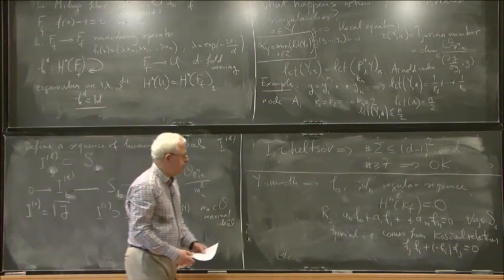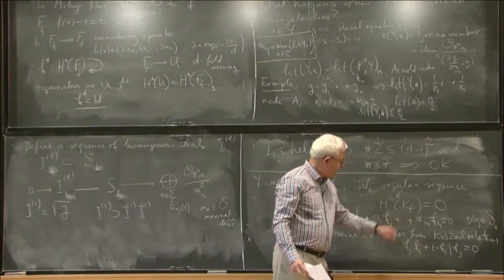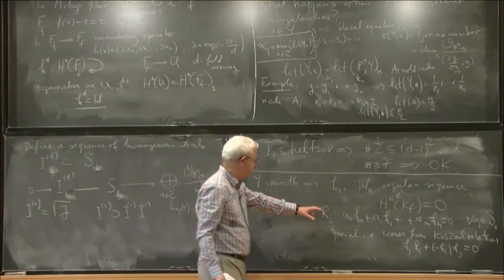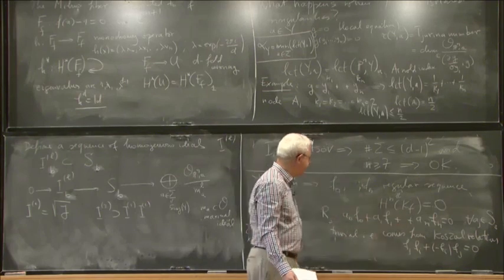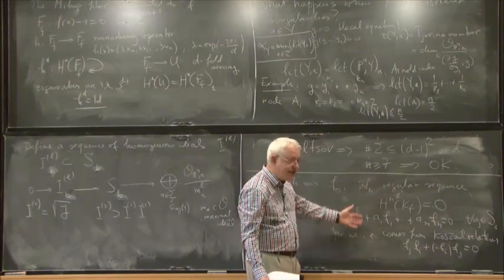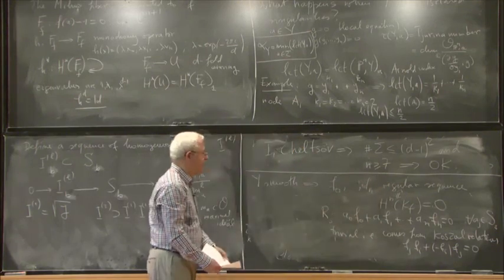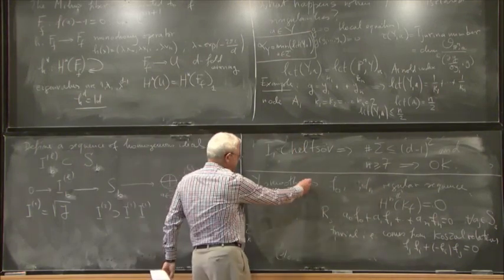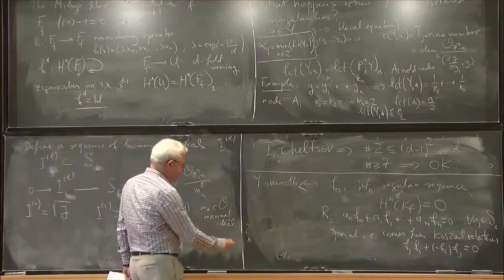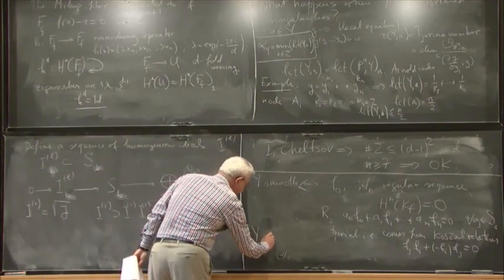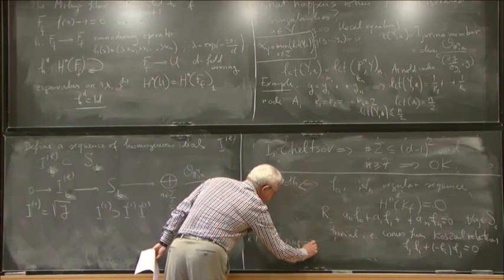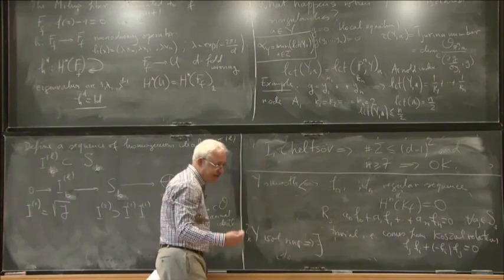So these Koszul relations span a submodule in the module of all relations, and in the case of a regular sequence, all relations are of this type. Okay, and this is actually equivalent, and so as soon as we have isolated singularities, there will appear some interesting relations.